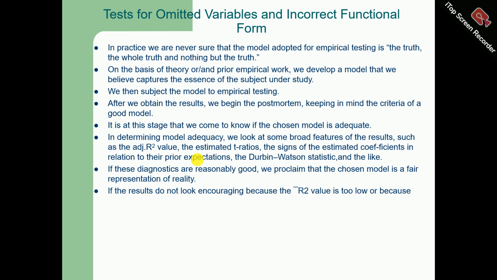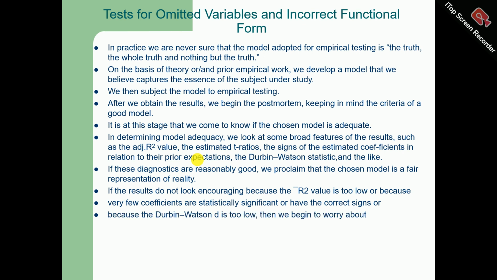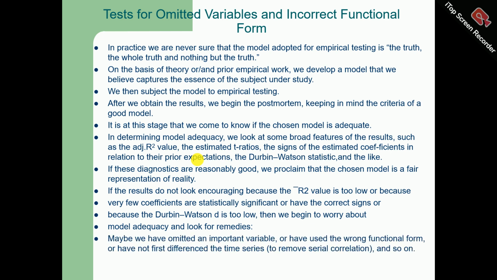If the results do not look encouraging because the adjusted R-square value is too low, because very few coefficients are statistically significant or have incorrect signs, or because the Durbin-Watson d is too low, then we begin to worry about the model adequacy and look for remedies. Maybe we have omitted an important variable, or have used the wrong functional form, or haven't first differenced the time series, and so on.